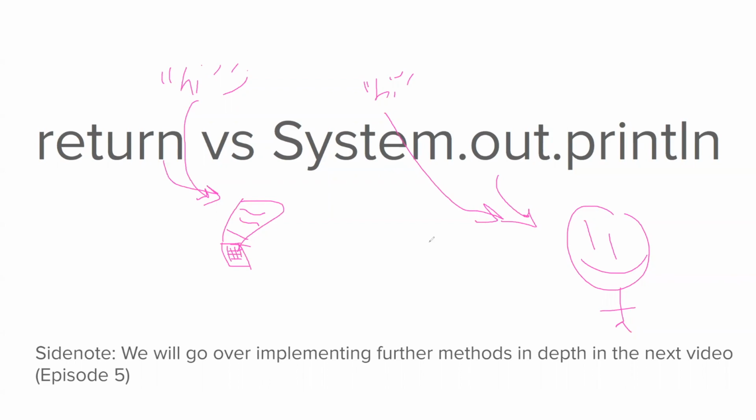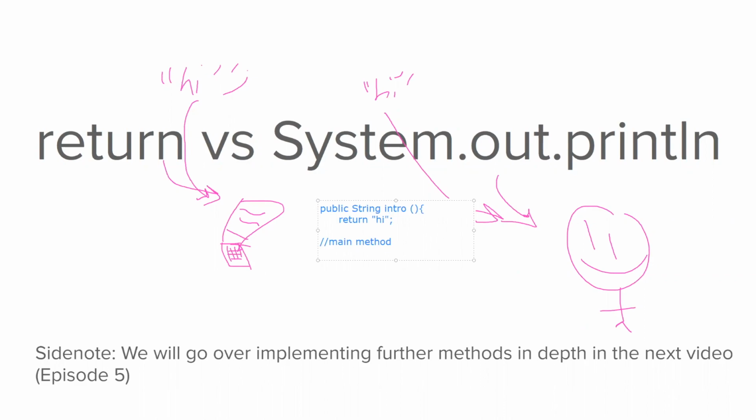So what's the difference? If I have a method here, I'm going to type this out. Public String intro, nothing. Return hi. And then public, and then the main method right here. I need a new object.